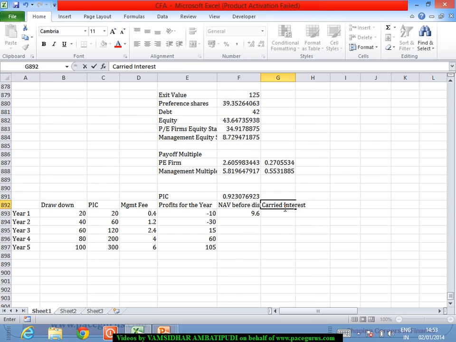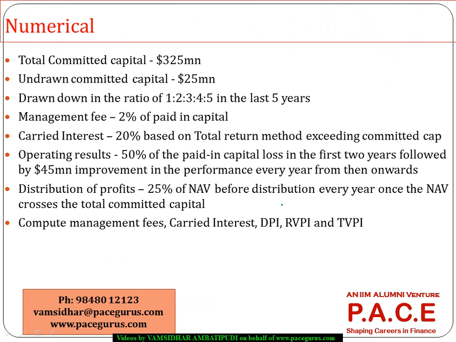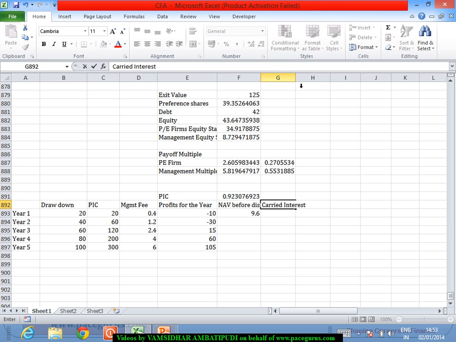What is the carried interest mechanism in this case? 20% based on the total return method exceeding the committed capital. The committed capital is 325. Only when the NAV is greater than 325 will the carried interest be given. Otherwise the carried interest will not be applicable. So in this case obviously there is no carried interest.